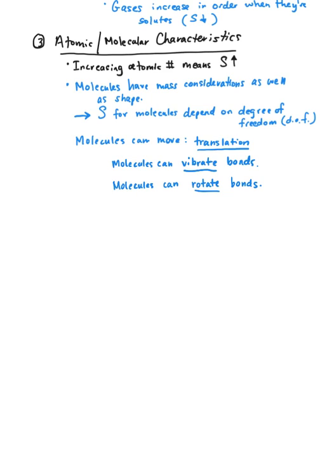If we think about a simple molecule like H2 and think about the H's being connected on a spring, those two hydrogen atoms can vibrate. They can move back and forth in their bond, away from each other or towards each other. And simultaneously, they can rotate around their bond while vibrating. Also, this H2 molecule can move from one place to another.